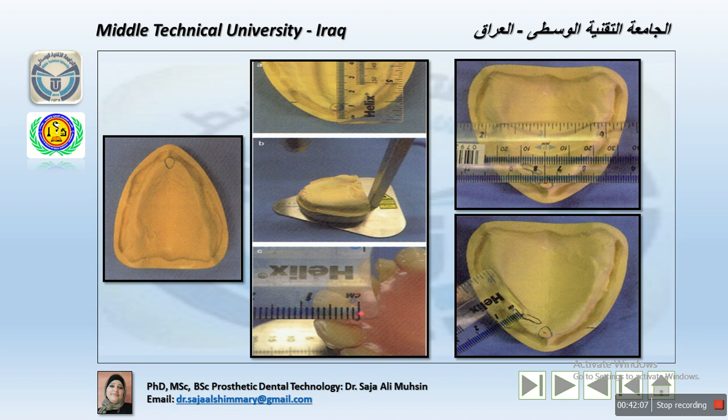Now, if we demarcate the first rugal fold, 10 millimeters from the edge of this first rugal fold, we can identify the location of the canine. And between the canine and the central, we can locate the lateral incisor.